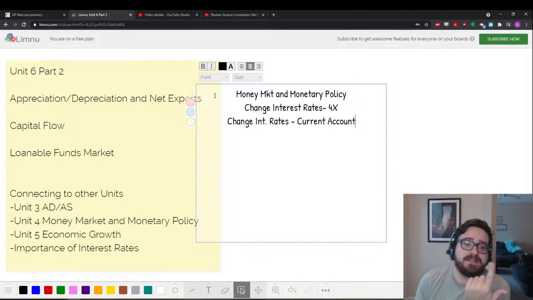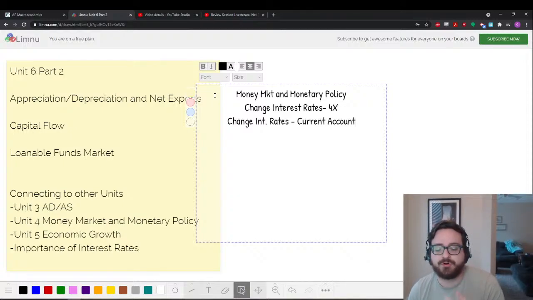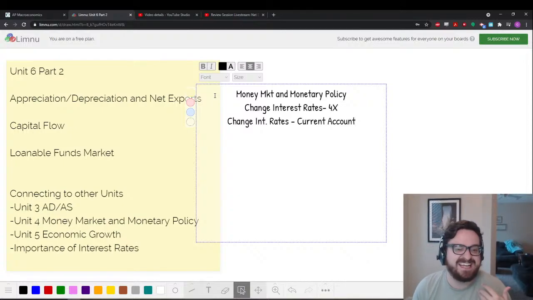If loans are more expensive, I'm less likely to buy a car, which includes imports quite often. So if interest rates go up, the current account would actually be getting kind of helped out by that, because I wouldn't be able to spend as much, which would help the current account stay in a surplus. Because if I can't buy goods from other countries, our imports stay kind of low, which helps the current account. A lot of stuff going on there.